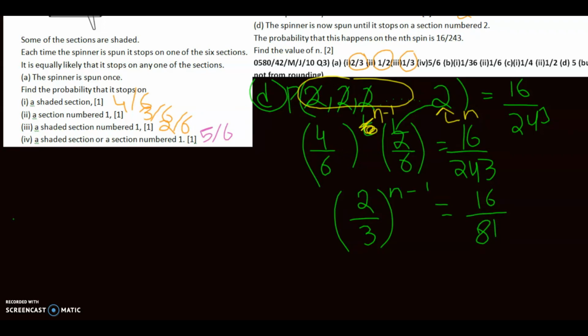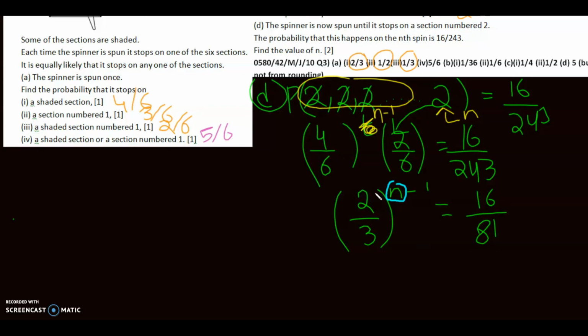Now we have to find the value of n. The easiest way of solving this equation is simply by hit and trial. Substitute some values of n here, and see when the left hand side becomes equal to 16 upon 81. Obviously we can't start with 1, because 1 minus 1 will make 0, and any number with the power 0 becomes 1. So start with 3, I think.